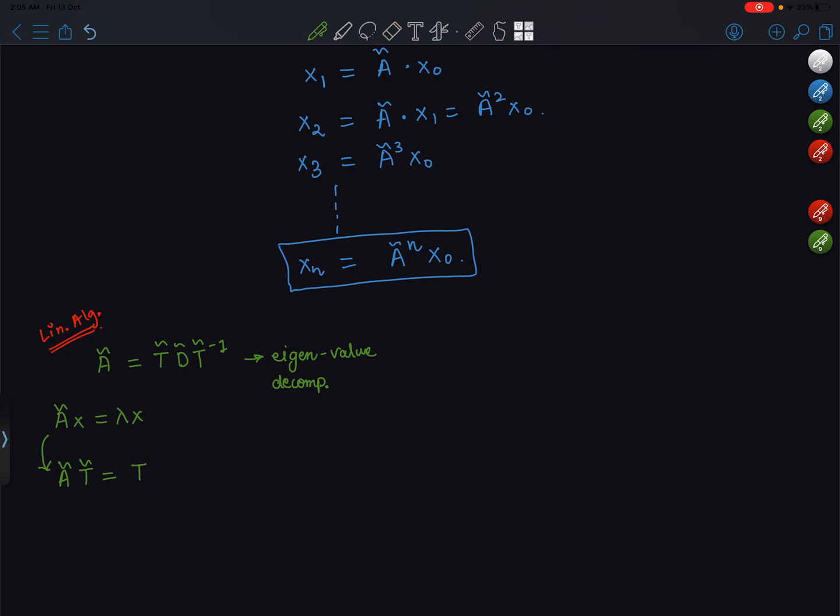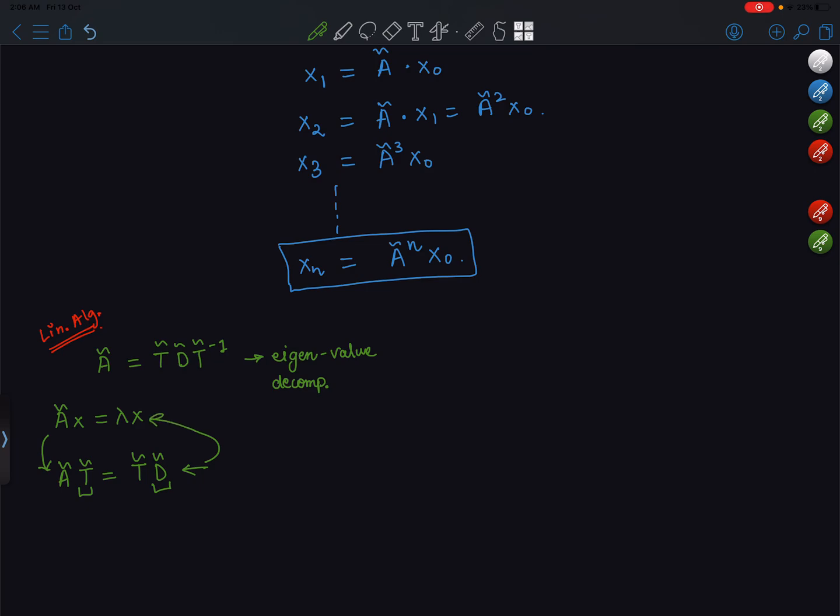Take a moment to see that if T is an eigenvector matrix, that is, each column is an eigenvector, and D is a diagonal matrix in which each diagonal element is an eigenvalue, then this is true, and this is the same as this equation.